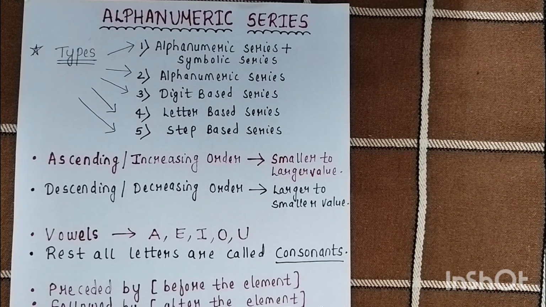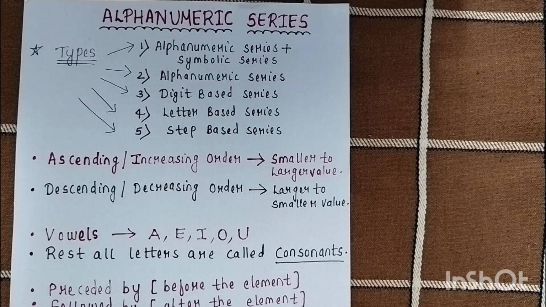Now, in questions, sometimes the word comes like preceded by. Preceded by means before the element. Immediately preceded by means just before the element. Second is followed by. Followed by means after the element. Similarly, immediately followed by means just after the element.